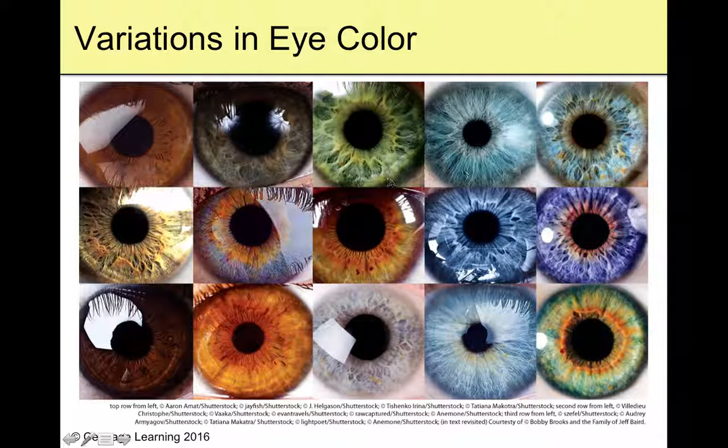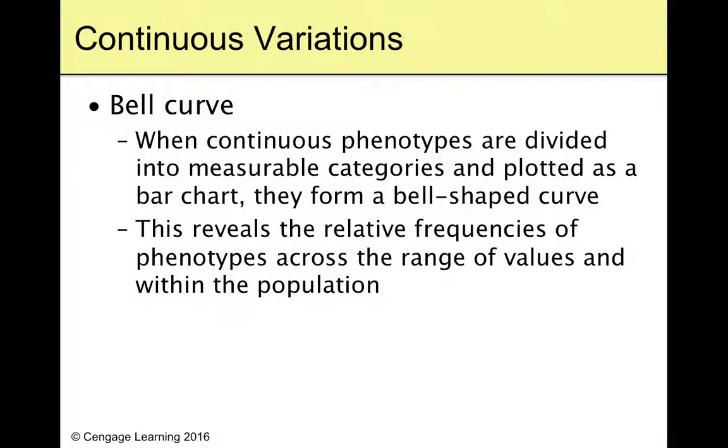You can get greens and blues mixed together. It's not uncommon to see brown flakes, brown specks in a green eye. There's lots of different things controlling this, and there's more than one allele controlling this, and so it becomes a little more complicated than we'd like to think.